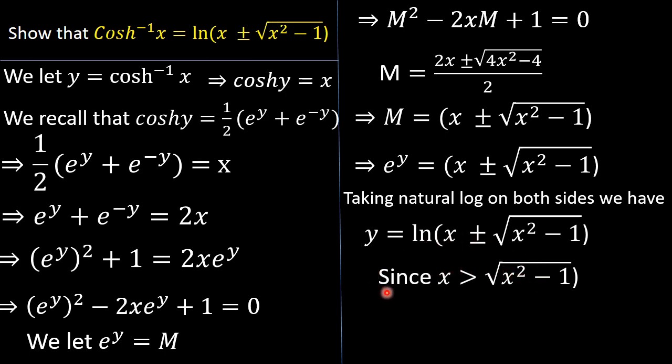So now if you are able to see this claim here, that since our x is bigger than the square root of x squared minus 1, it therefore means that, and we can bring forth other conditions by saying that x in this case must be what? X in this case must be greater than 1. Great.